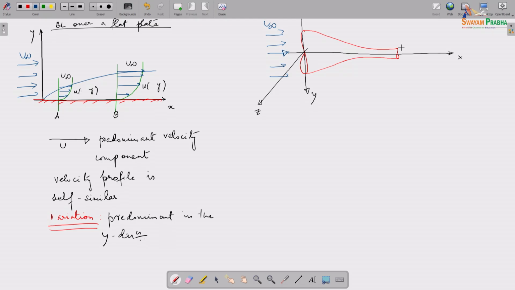Then you have a flow happening over here, which we have called U jet. There is a developmental length of about 25 times the diameter d. Beyond 25d is when we look at the jet properties, which are self-similar.